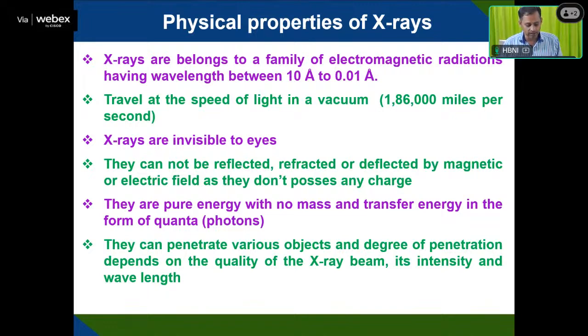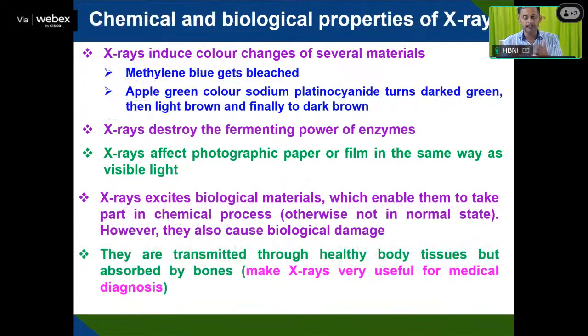Since they don't have charge, they are pure energy with no mass, so you can call it a quantum or photon of energy. They can penetrate various objects and degrade them, depending on the intensity of the X-ray beam and its wavelength.